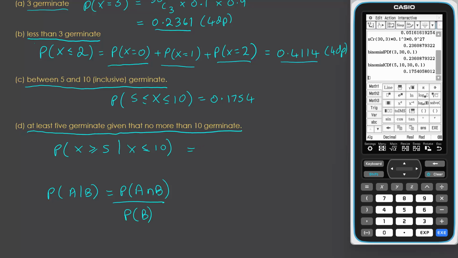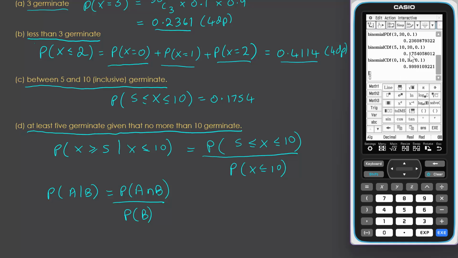So here, that is going to be the probability of x being between 5 and 10 inclusive, which is the answer to the last part of the question, over the probability that x is less than or equal to 10. Now, what we can do here is grab that, drag it to here, and if I go 0 to 10, that is the probability of the denominator, less than or equal to 10.